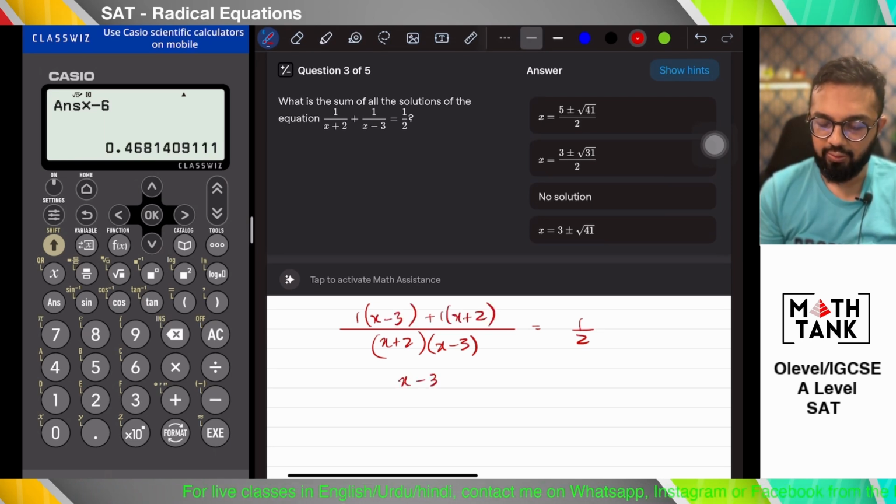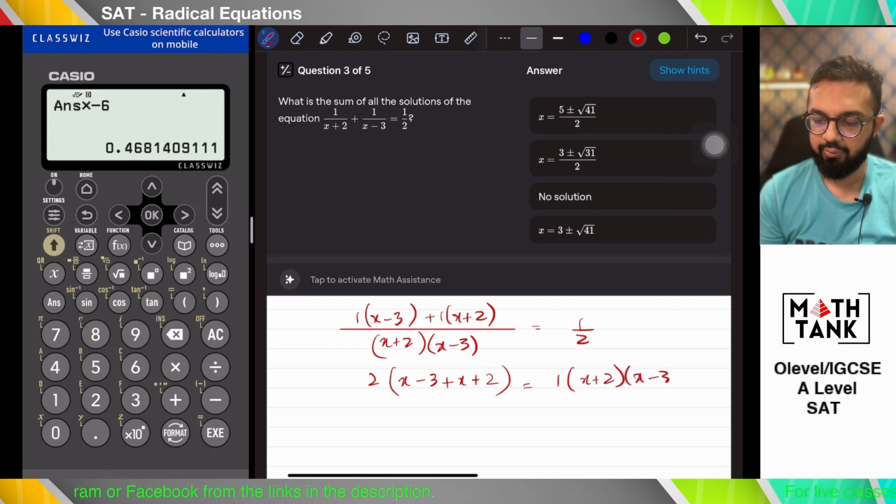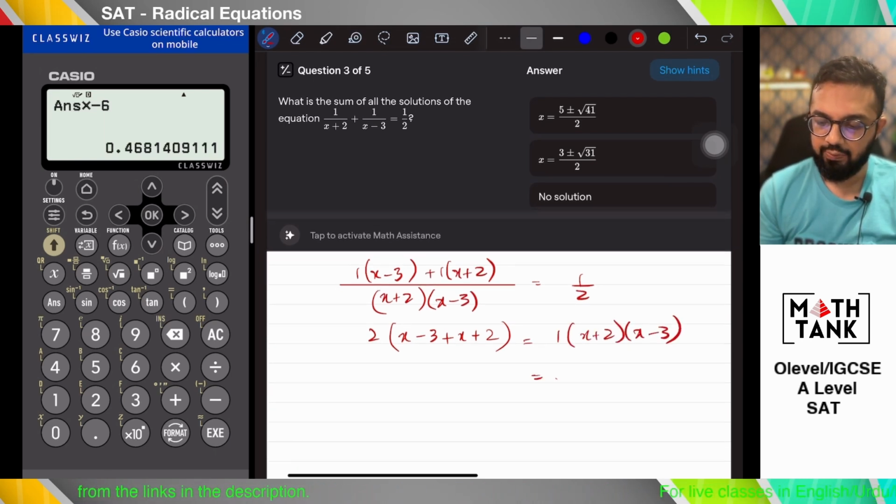So (x minus 3 plus x plus 2) into 2 equals 1 into (x plus 2)(x minus 3). x squared minus 3x plus 2x minus 6. 4x minus 2.